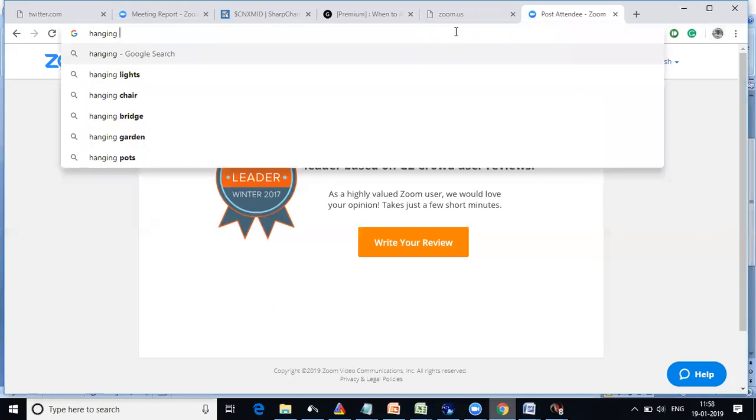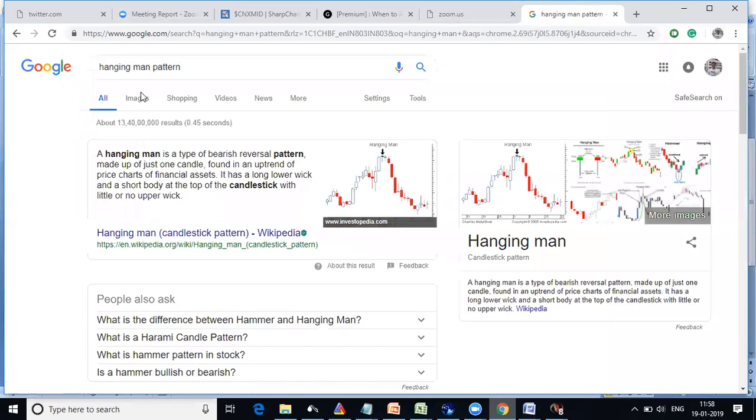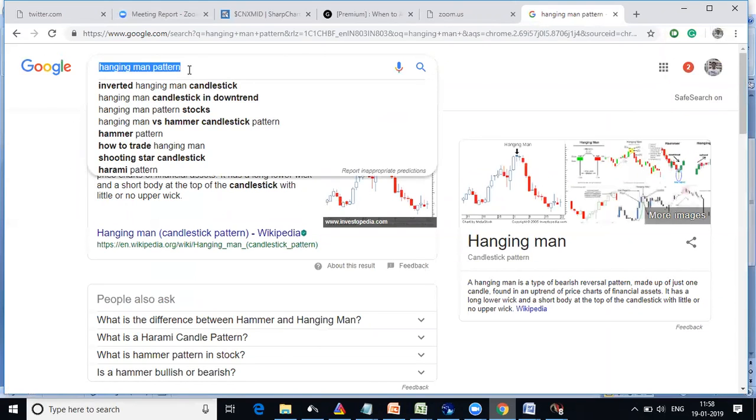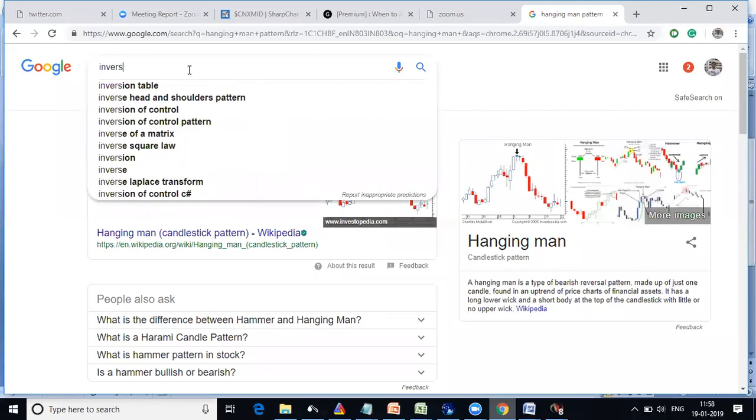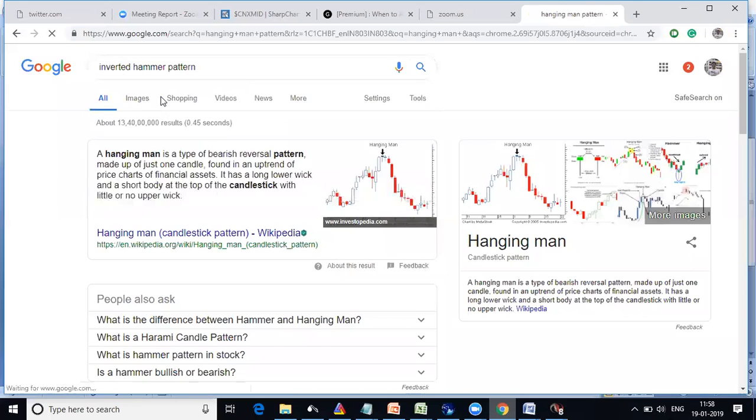Or kind of a pin bar, right? A hanging man pattern, let me check this. No, I'm not talking about a hanging man. I'm talking about an inverse hammer.